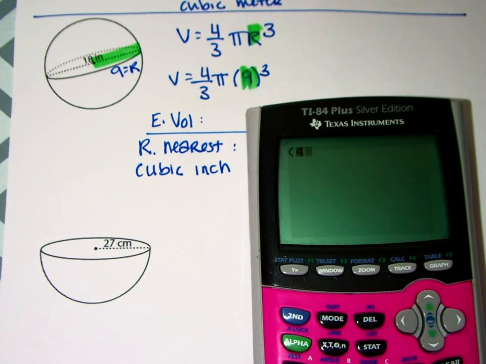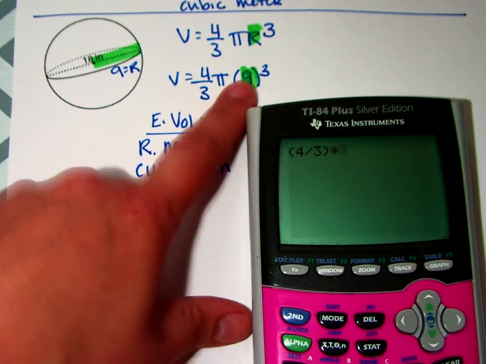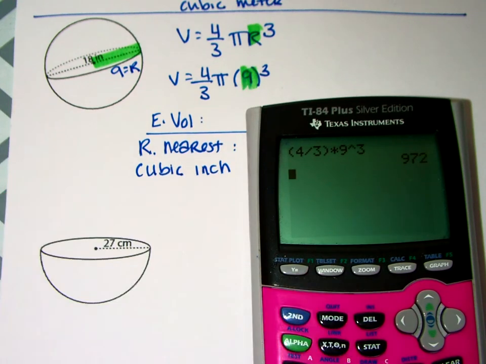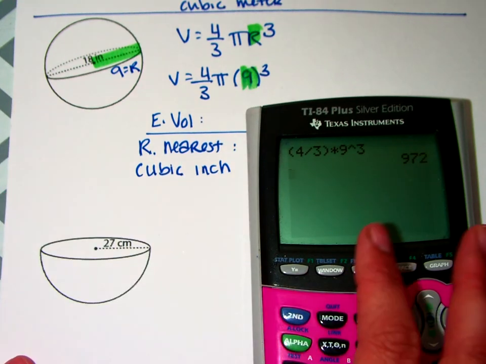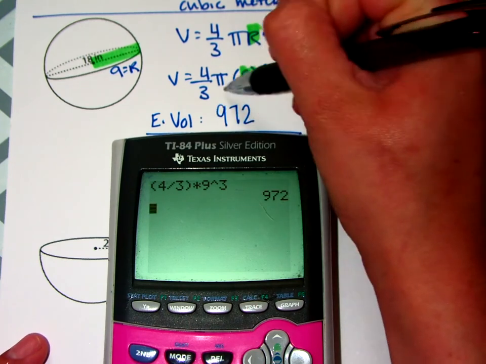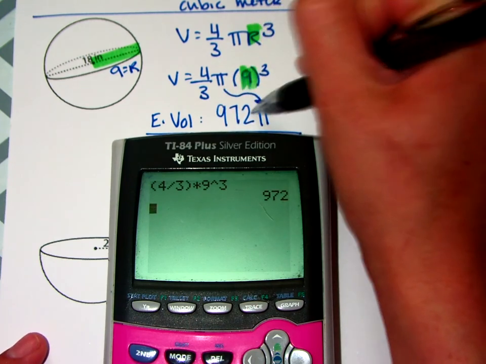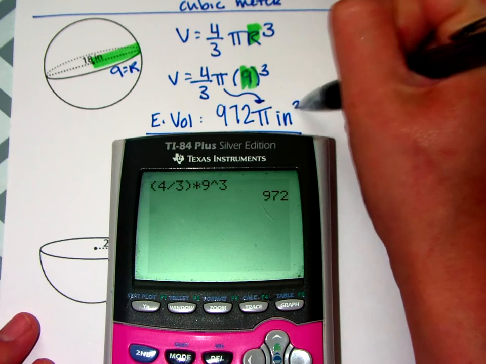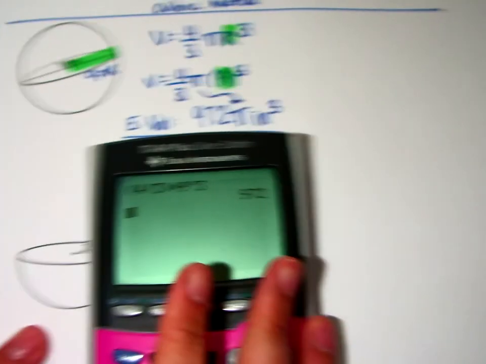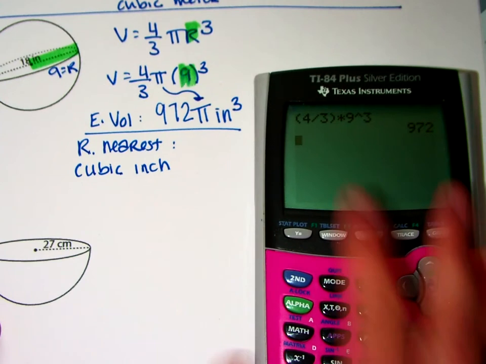So I type everything in: 4/3 times 9 raised to the 3rd power, and I get 972. So I'm going to take 972 and write that here, and pi just follows it down, inches to the 3rd power.